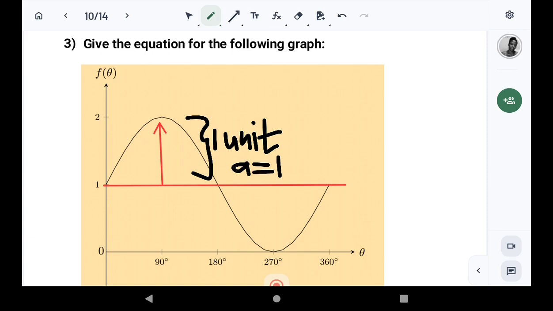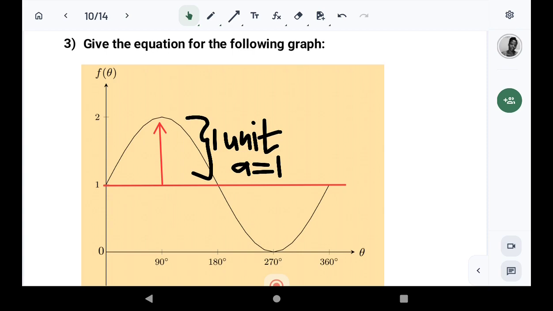Now, notice that instead of having the resting point at x, the graph has its resting point at 1, meaning that your y-intercept is at 0 degrees and 1.